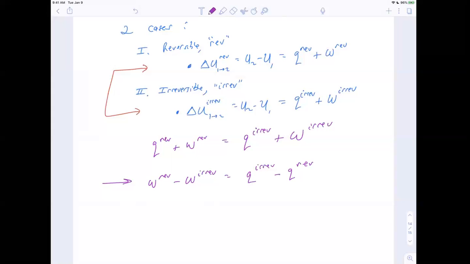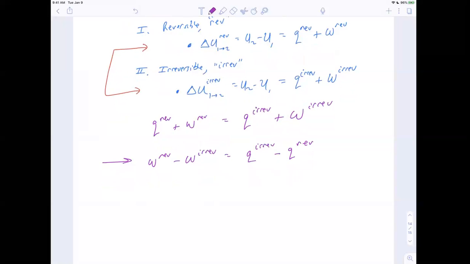They're both positive. We'll just use that example because it keeps the sign. It works the same way for the gas doing work, but we'll just keep it as us doing work because everything is easier to visualize. So in this case, both works are positive, but the work reversible is less than the work irreversible.